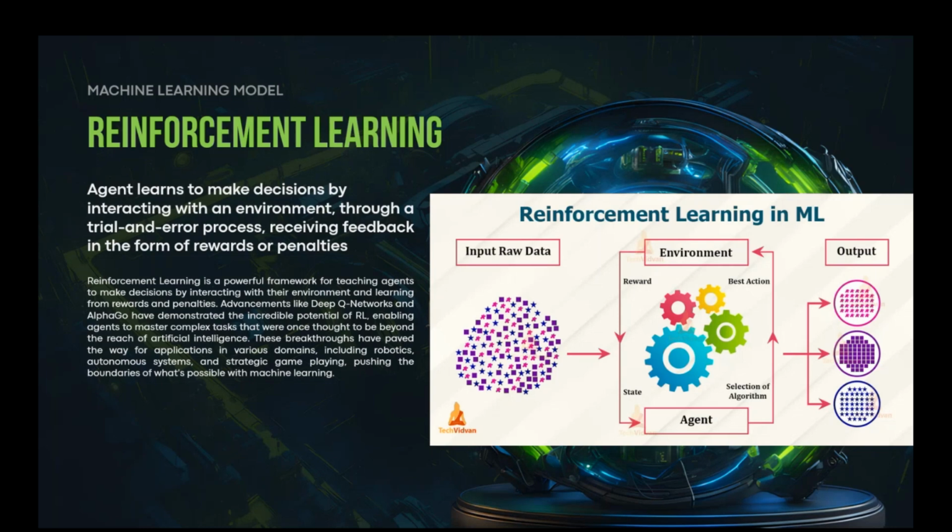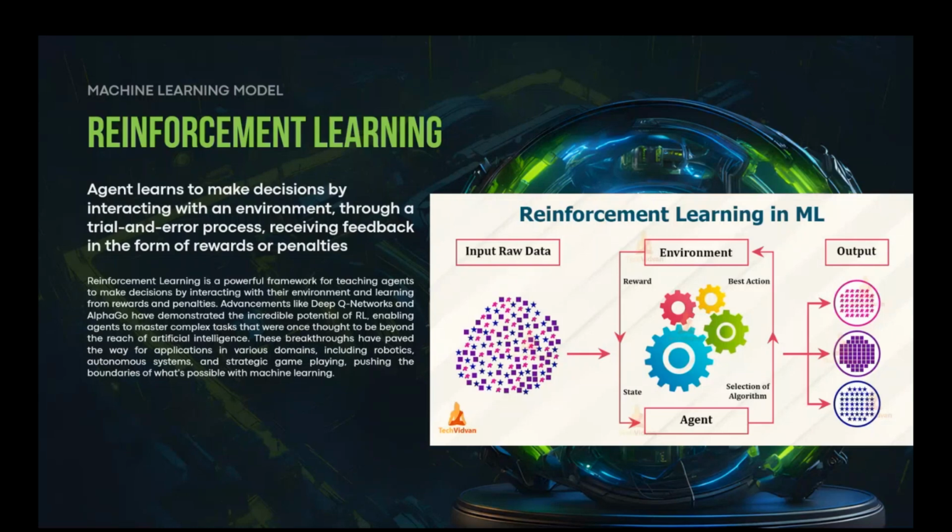The agent's goal is to maximize cumulative rewards over time, which is achieved by taking actions that influence the state of the environment. The agent learns from the consequences of its actions through a trial and error process, receiving feedback in the form of either rewards or penalties.